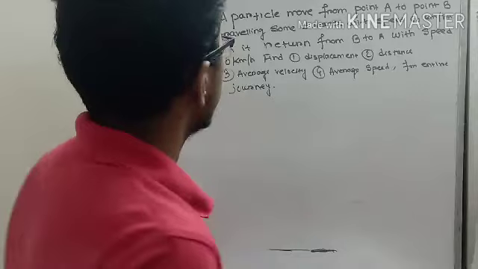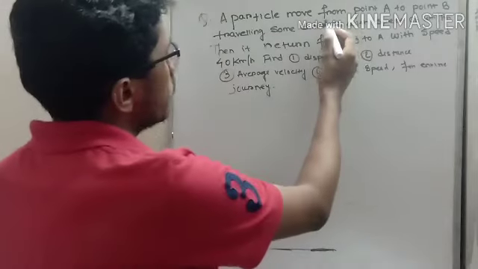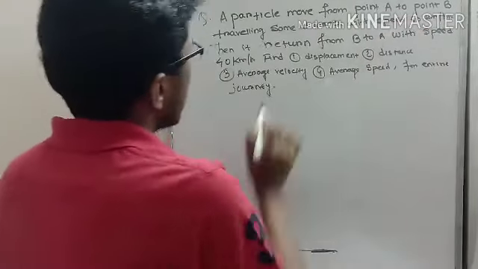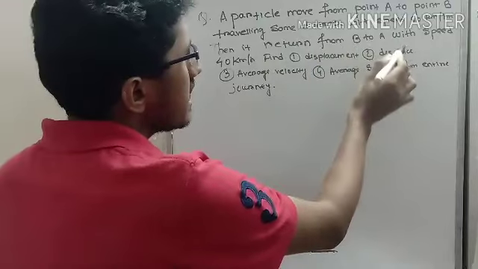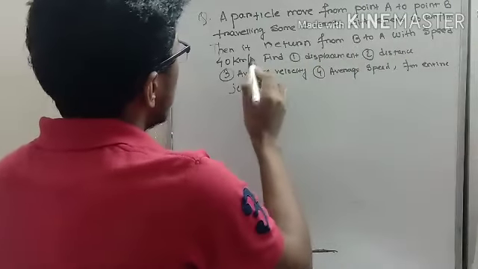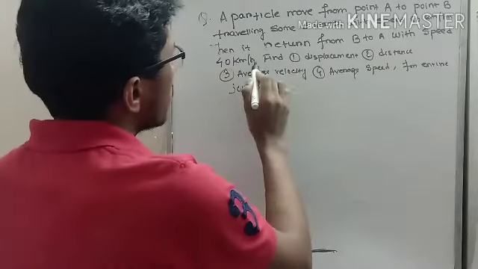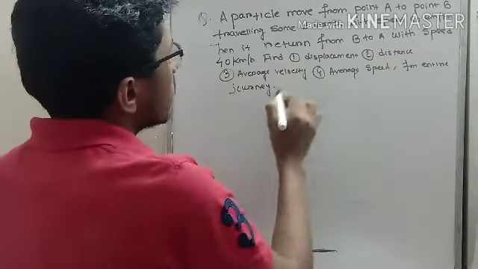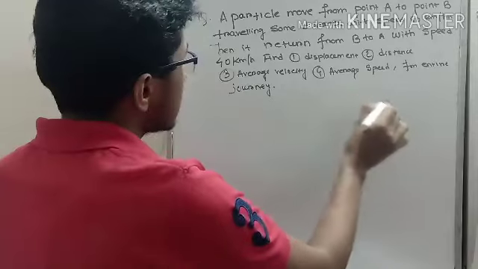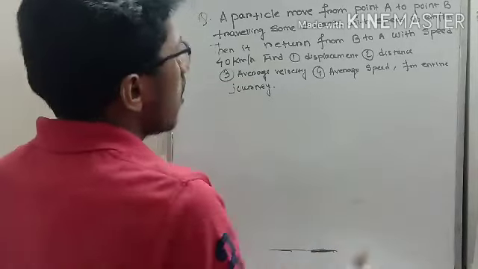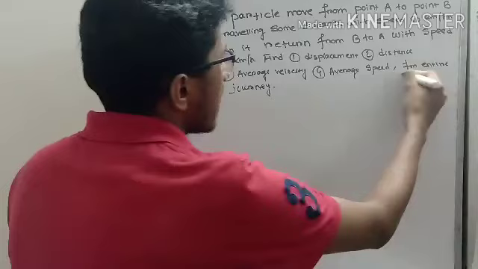Now see this problem. A particle moved from point A to point B, traveling some distance with speed 60 km per hour. Then it returned from B to A with speed 40 km per hour. Find displacement, distance, average velocity, average speed for the entire journey.